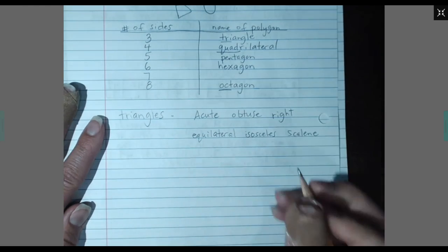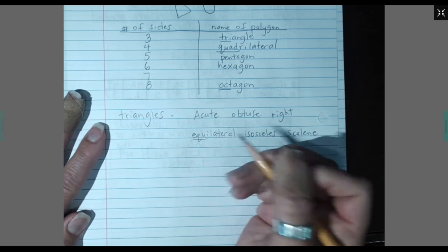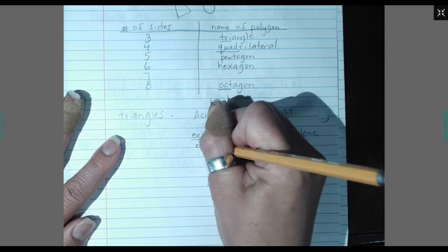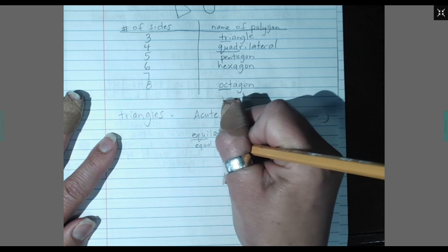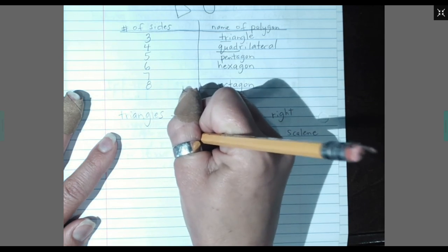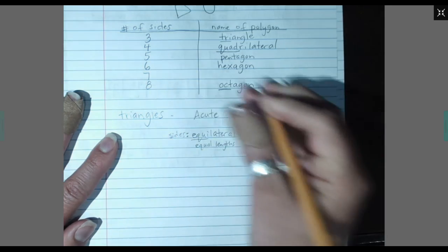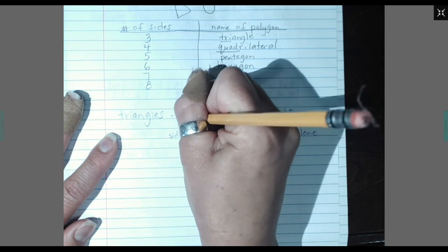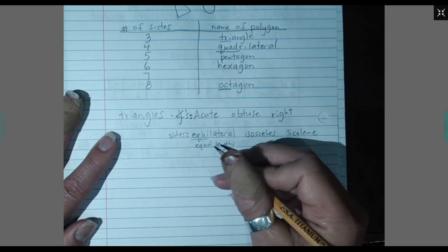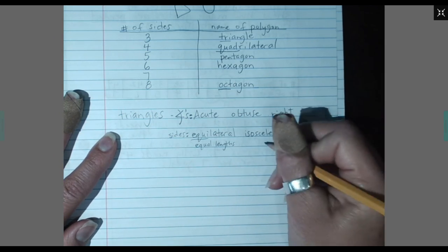So equilateral, look what's in there. Equi, that means equal length sides. So these are the sides, and these are the angles. That's the abbreviation for angles. So equilateral, equal length sides.